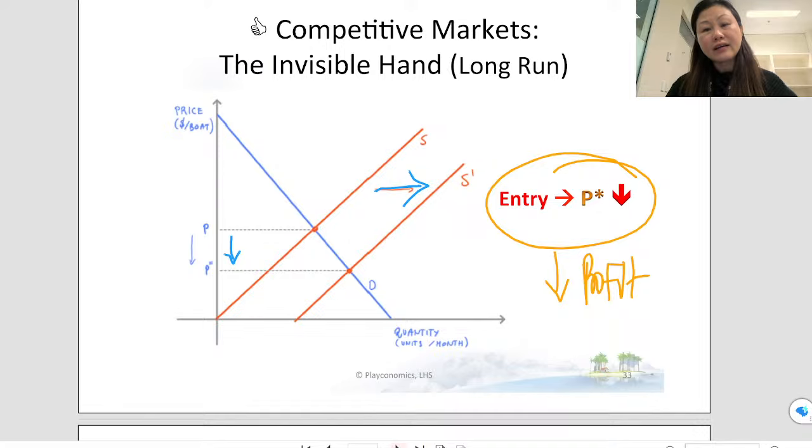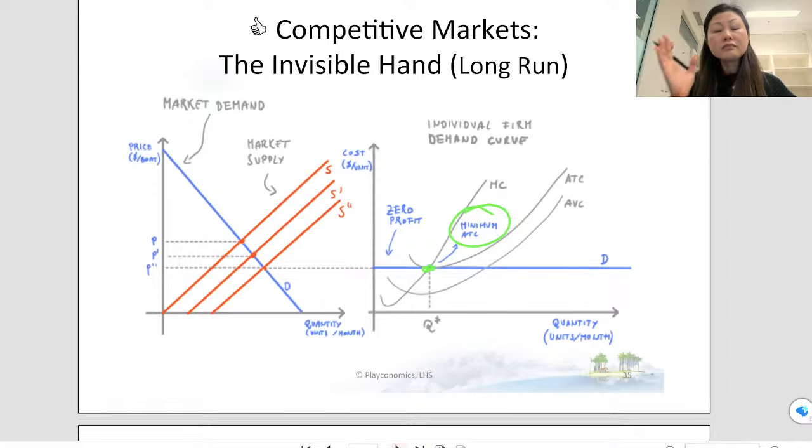The magic of this process is that by the shift of supply to the right, the price will go down, until the price touches the minimum ATC.